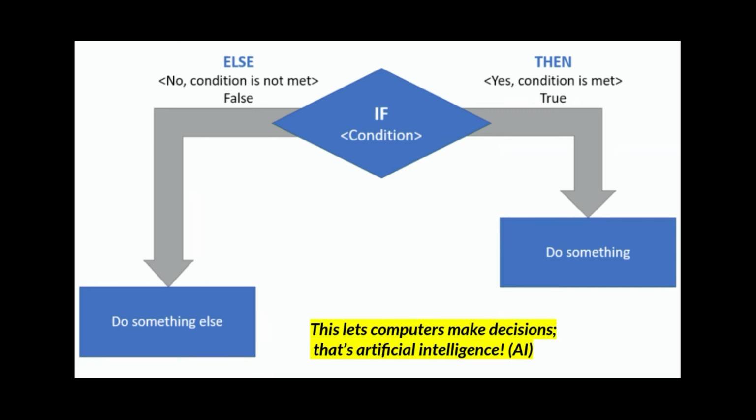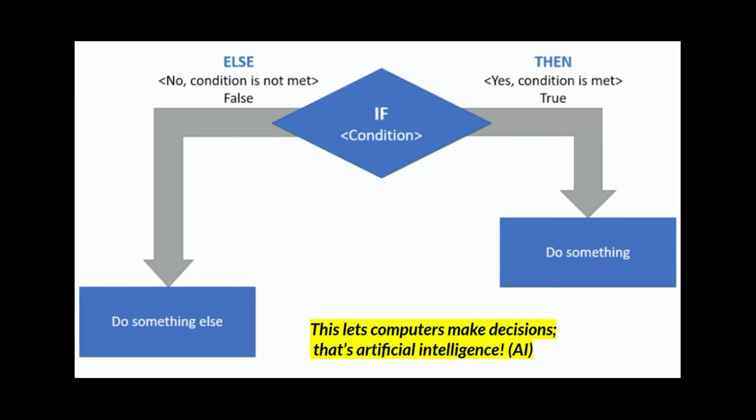And that's what we call artificial intelligence. When your computer is really starting to make decisions based on whether something is true or false, it's starting to gain an intelligence, at least an artificial one, that we have built into the system.